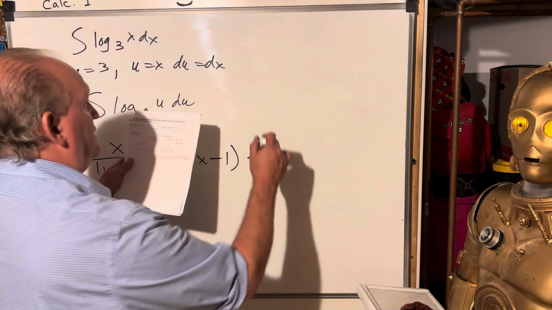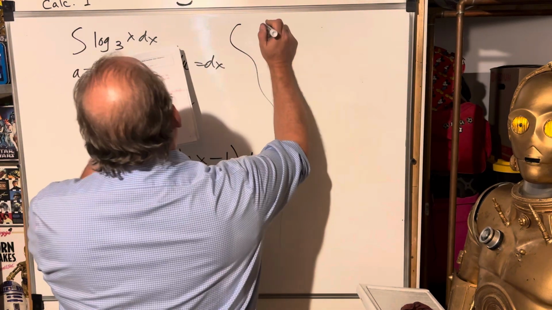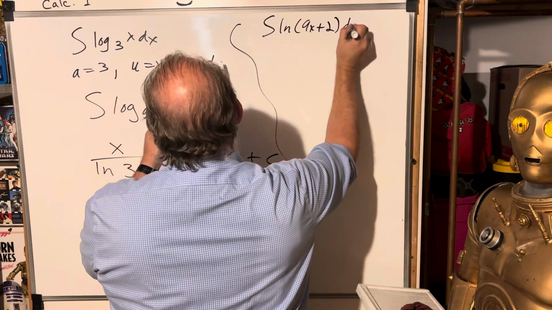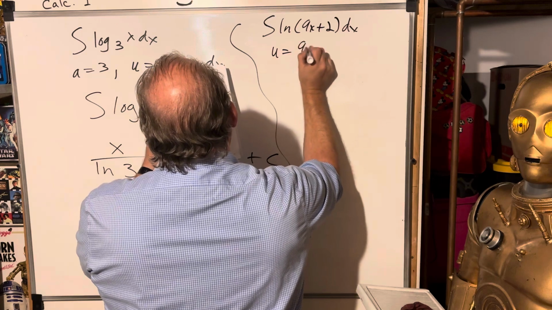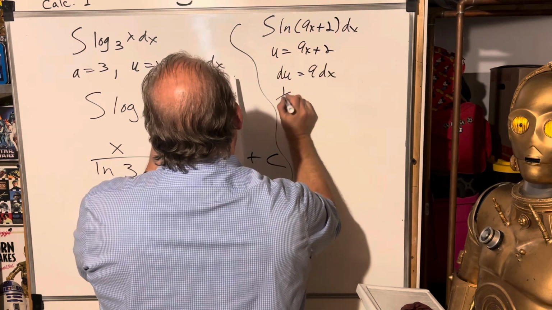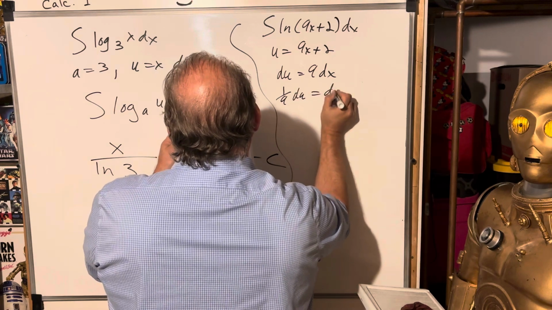Okay, and then the last one is ln of 9x plus 2 dx. So u is equal to 9x plus 2, du is equal to 9 dx, so 1/9 du is equal to dx.